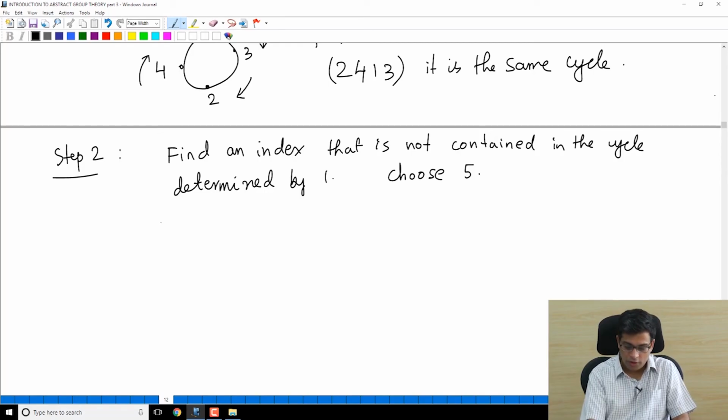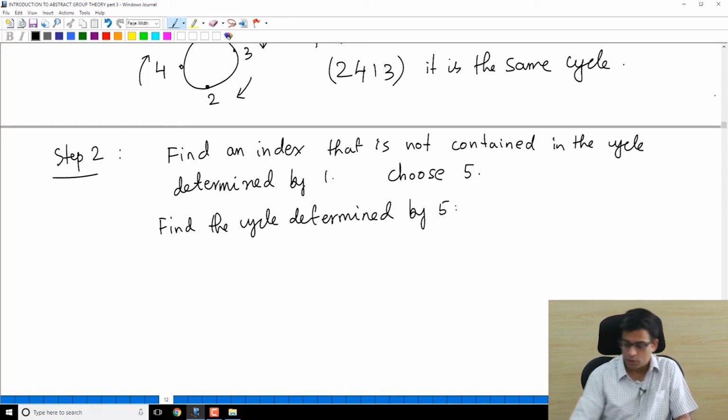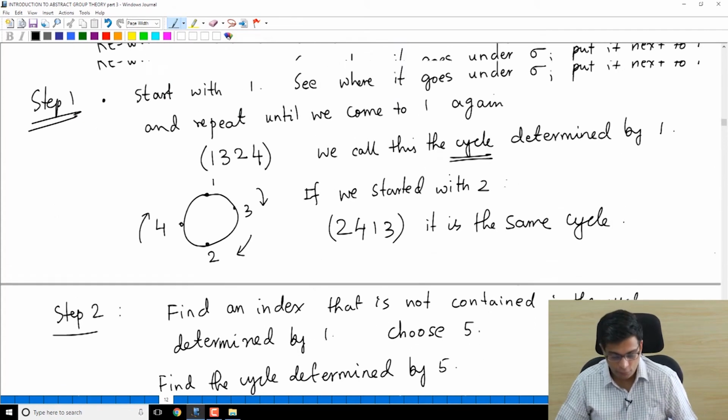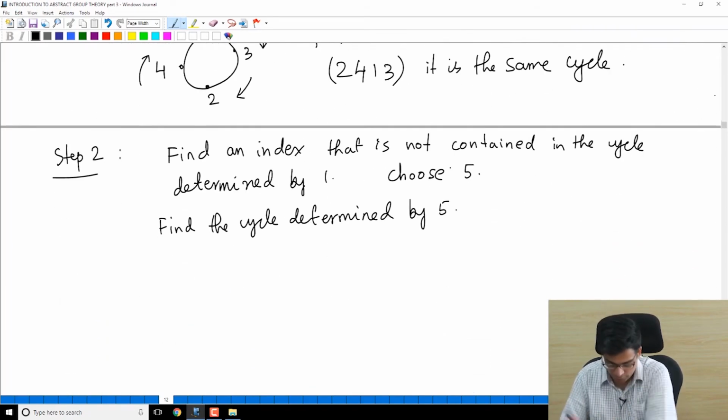Now find the cycle determined by 5. So in general we have learned in step 1 how to find the cycle determined by an index. In this case, let's do it for 5. You put a bracket and start with 5.